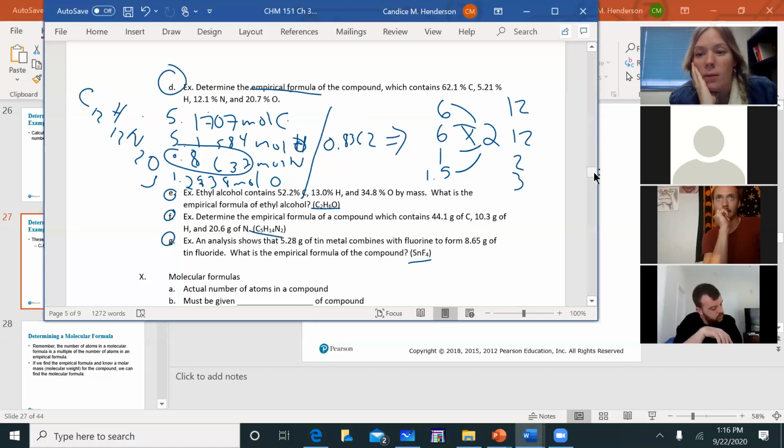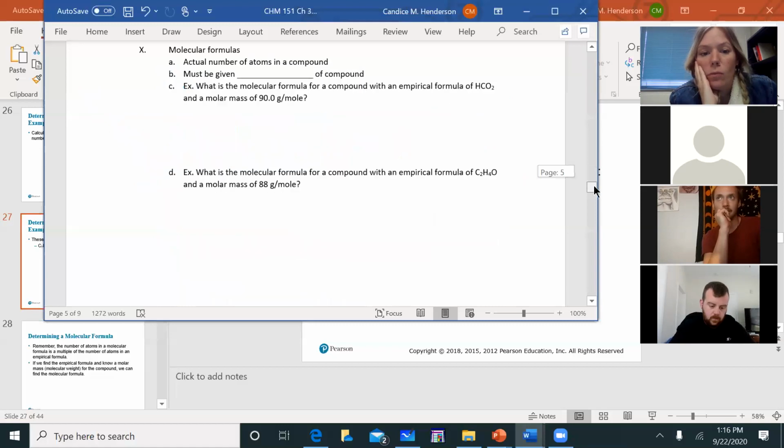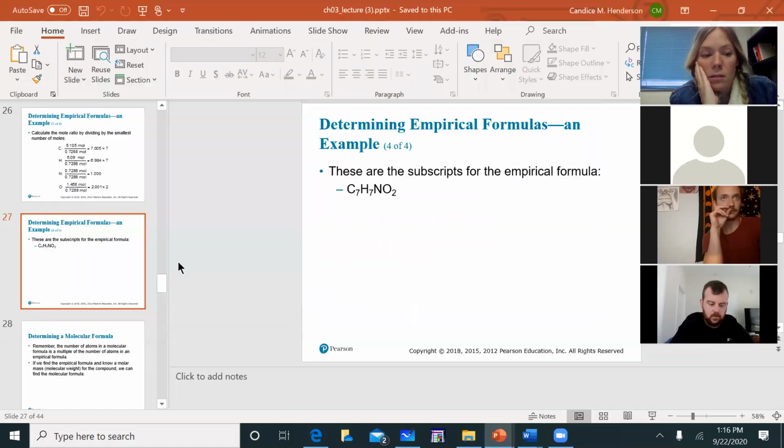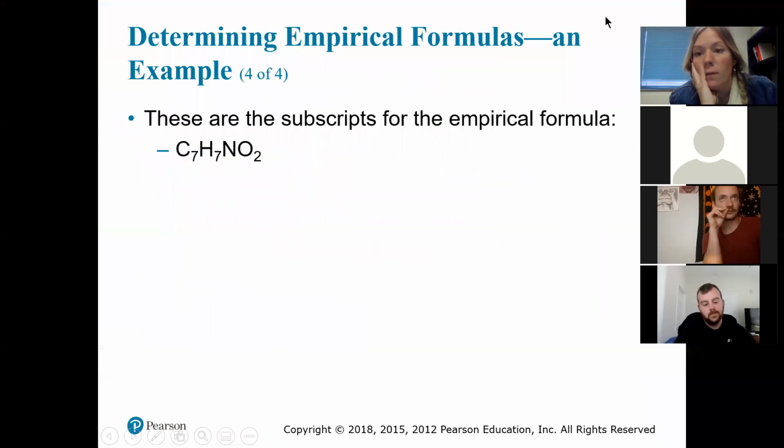Okay. The next thing that we're working on ties into this anyway, so we can get a little bit more practice. Talk about molecular formulas and how to determine a molecular formula. All the formulas that we've found so far have been empirical formulas.